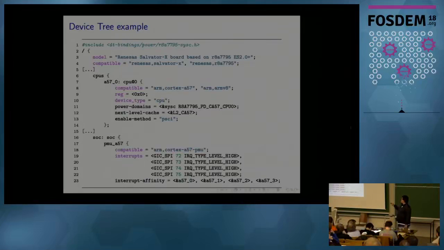We have a root node marker, and under that we have some device tree properties, which are these key value pairs, and then we have multiple other nodes under the root node. As you can see, each node can have more nodes underneath it, and properties and so on.